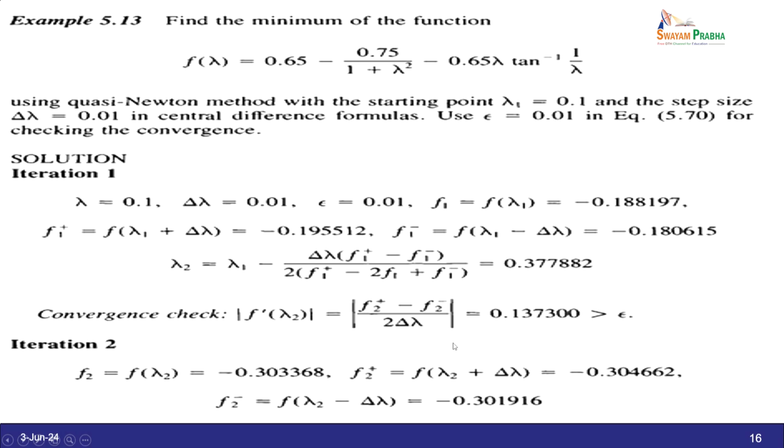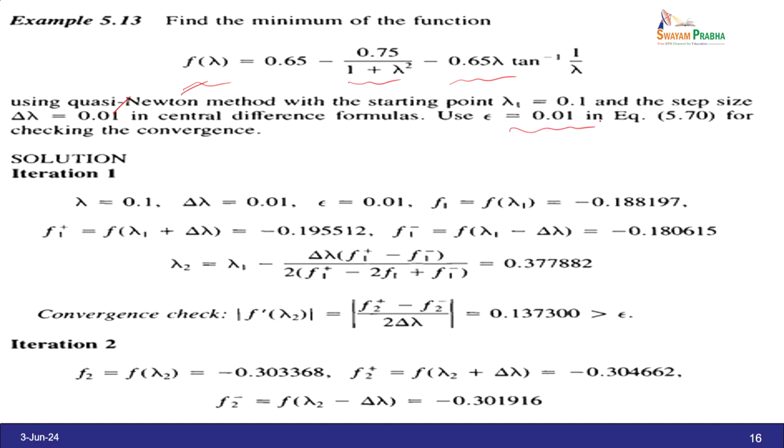Now, we are going to discuss one problem. Find the minimum of the function f of lambda equal to 0.65 minus 0.75 by 1 plus lambda square minus 0.65 lambda into tan inverse of 1 by lambda, using the quasi-Newton method with the starting point lambda_1 equal to 0.1 and the step size delta lambda equal to 0.01 in the central difference formula.